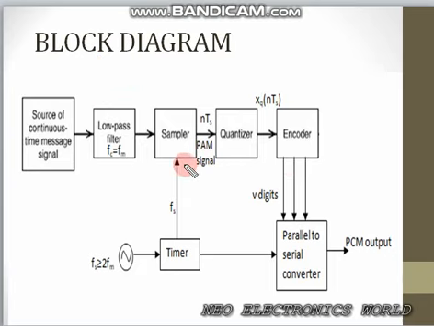Then let's look at what a sampler is. A sampler will produce a sampled output. Am I right? If an analog signal produced is like this, the sampled output will be just lines.